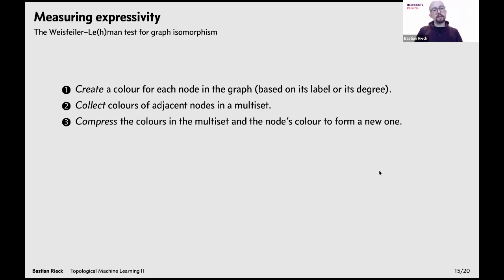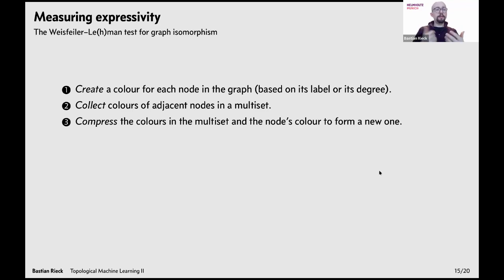Then the third step is you take the colors in your multiset and you compress them together with the original color of the node to form a new one. And this compression is where the fun happens, because this compression needs to be lossless or perfect, in the sense that whenever you have the same input of a specific node color and a specific multiset, then the output needs to be the same color.